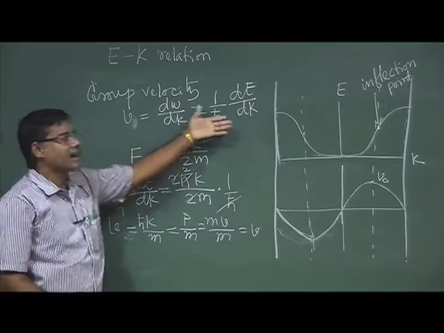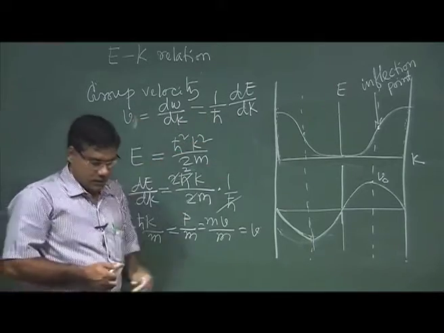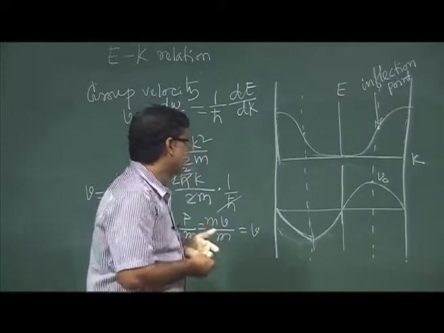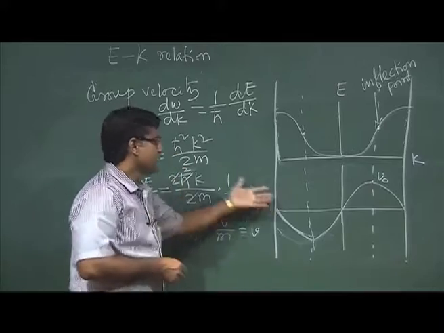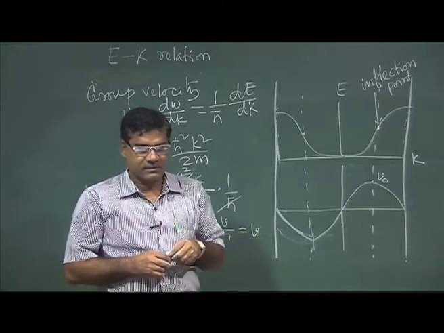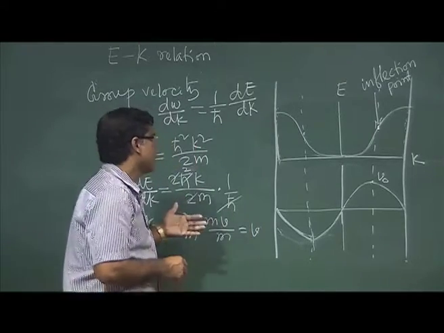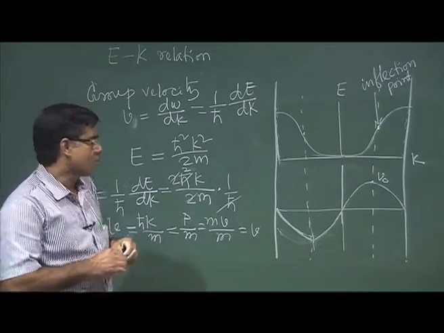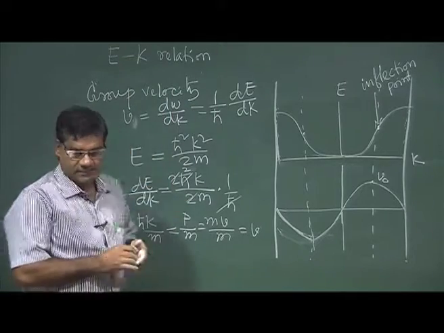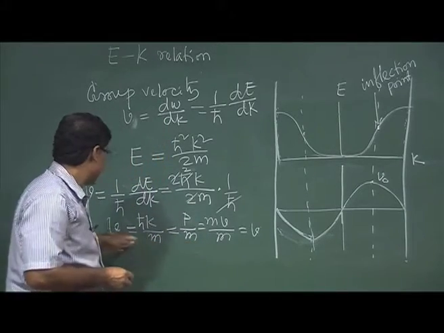So, this is a general definition of velocity of an electron, whether it is in a lattice, in a band, or it is a free electron. Whatever, if you know the E-k relation, you can find out the velocity.